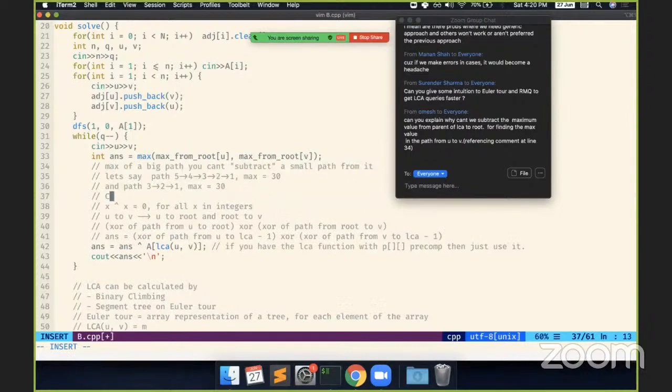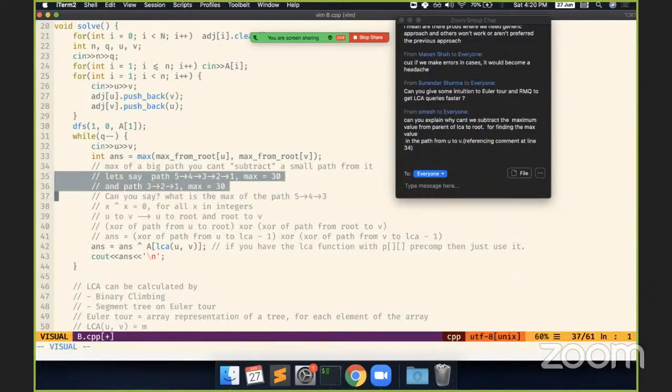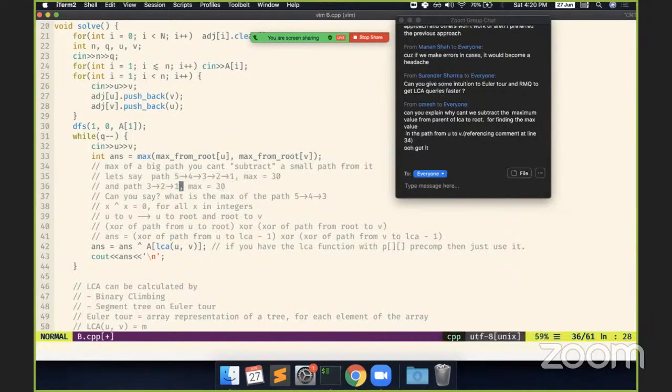Now, can you say what is the max of the path 5, 4, 3? You can't. Even though you know the max of the big path and the max of the small path, you still can't say what's the max of the subtracted path.